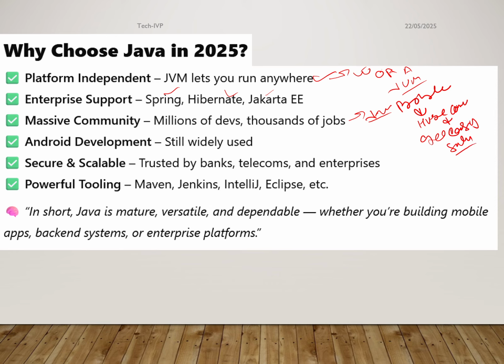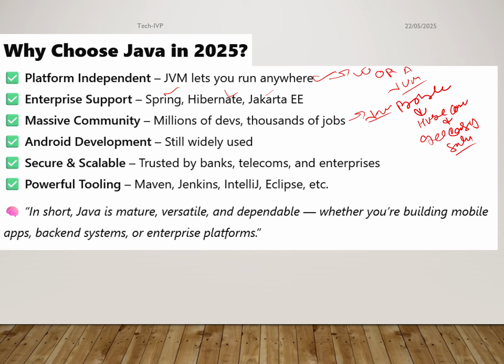With other languages, the community is limited. Nowadays the Python community is growing, but Java has an advanced community because it's a really fantastic language.